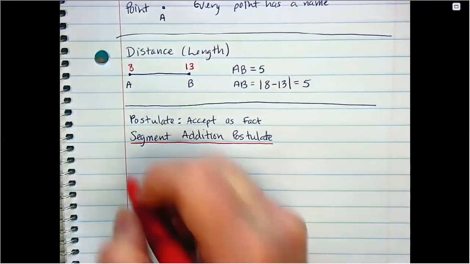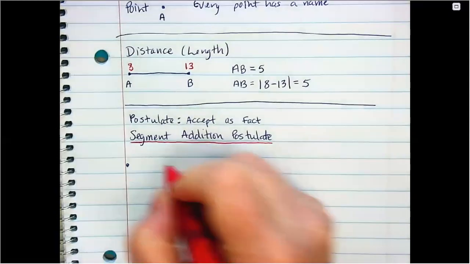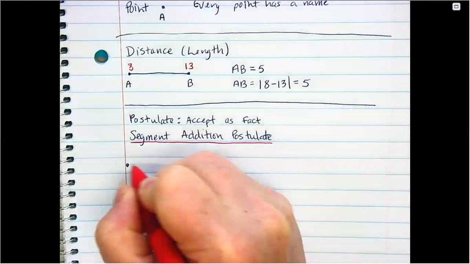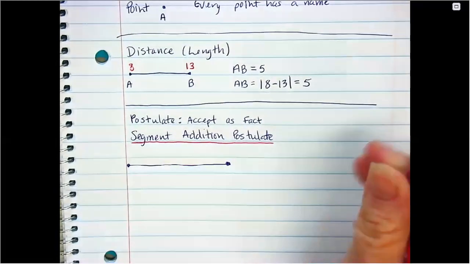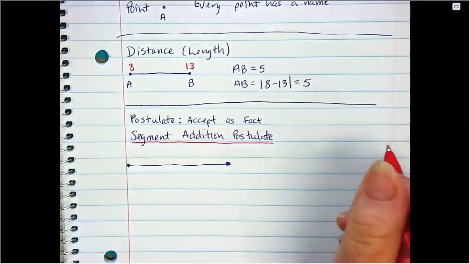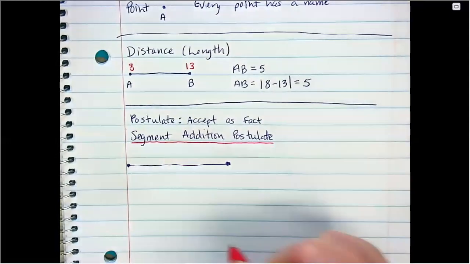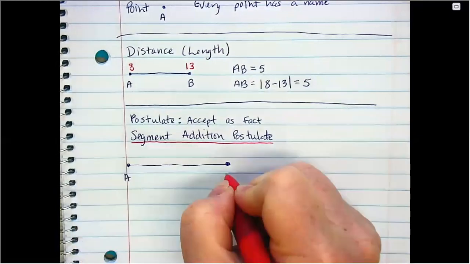Okay, so I'm going to draw a line segment, and we're going to call it AC this time. Now, somewhere on your line segment, I want you to put B, but don't put it right in the middle.